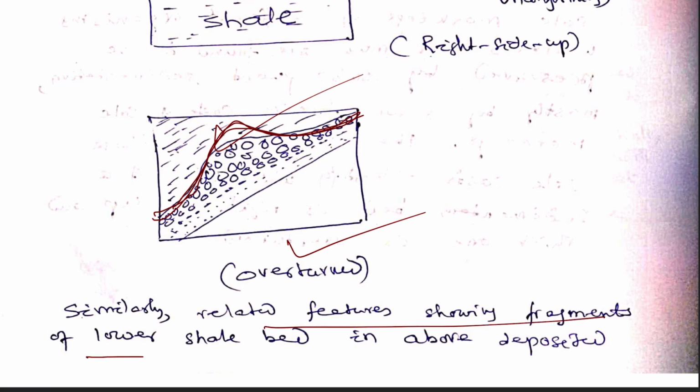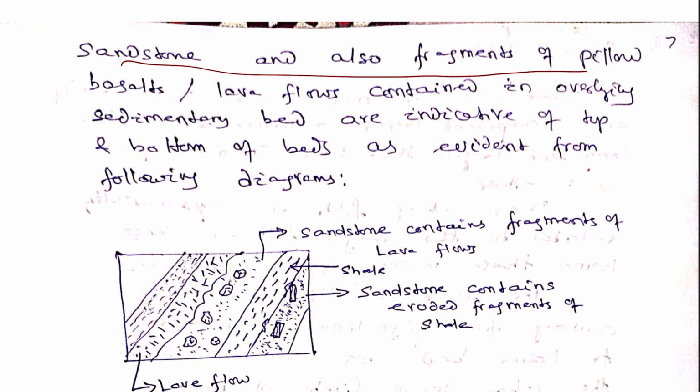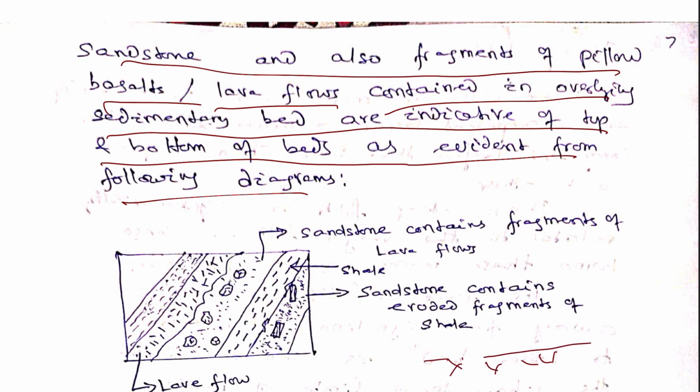Similarly, related features showing fragments of lower shell bed in above deposited sandstone, and also fragments of pillow basalt lava flows contained in overlying sedimentary bed, are indicative of top and bottom of beds, as evident from the following diagram. Let us say this is the pillow lava. It will be eroded, these components will be released, and they will be here.